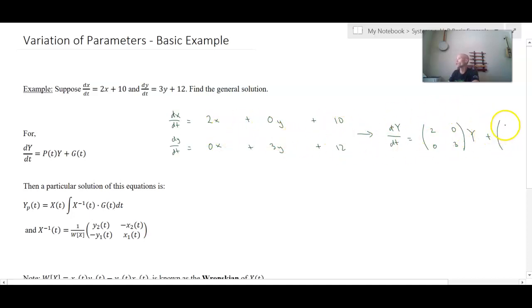Well, in this case, g1 is 10 and g2 is 12. So we already know that we can solve this homogeneous system.